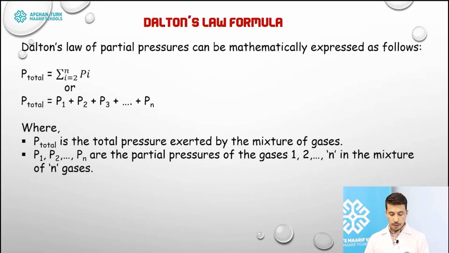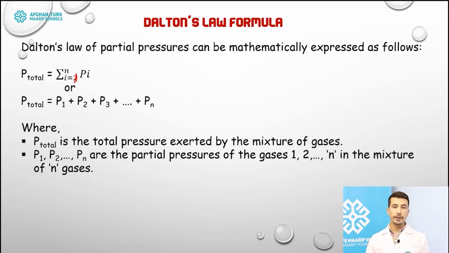Let's study this mathematically. Dalton's law of partial pressure can be mathematically expressed as follows. P total is equal to the summation of Pi, in which i starts from 1, up to n.